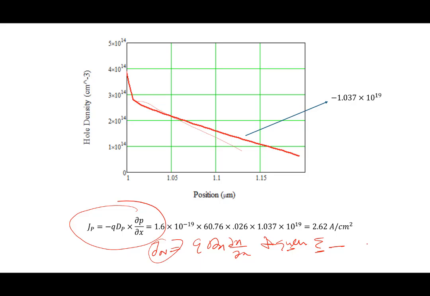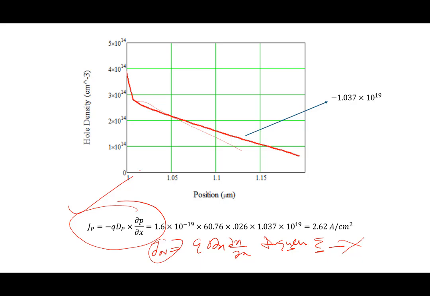In all these devices, don't look at Jn. This is true for both bipolar devices and diodes. Yes, Jn is flowing, but to understand, focus on the minority carrier currents: hole current in the N region, electron current in the P region. Focus on them, and then you will understand what is going on. Ignore the majority carrier currents for understanding it.